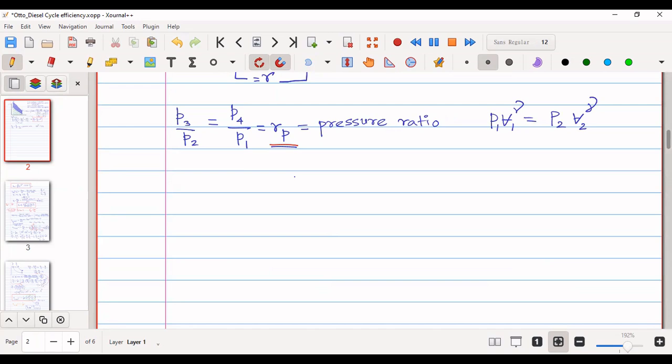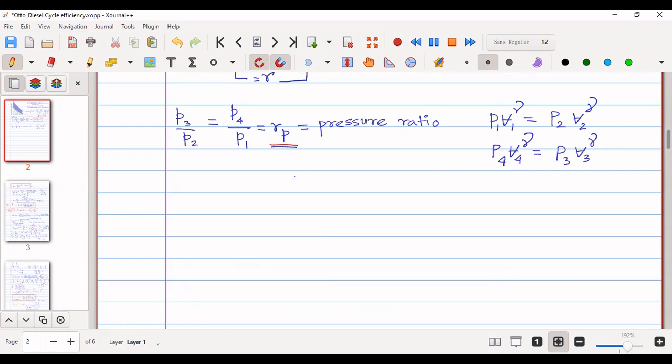Again, we can write that P4 V4 to the power gamma is equal to P3 V3 to the power gamma.